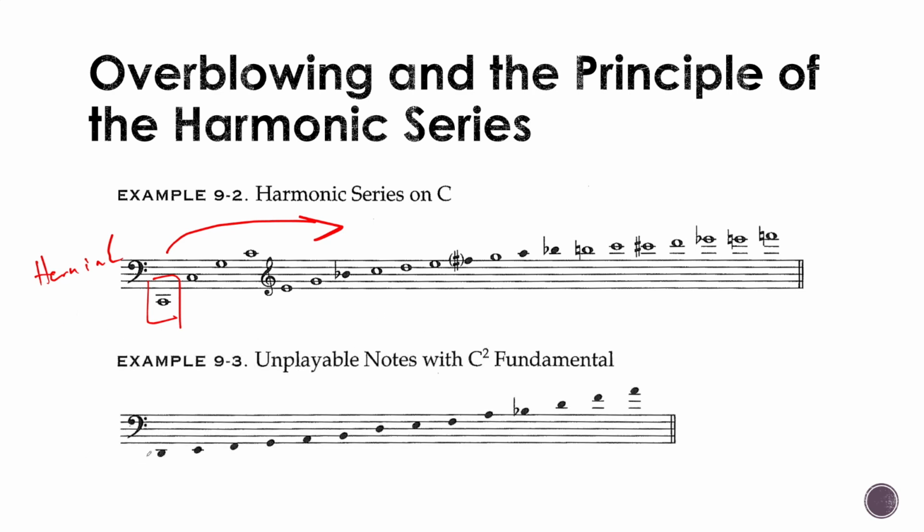That means this instrument cannot play a D, or this note, or this note, or this B flat, or this E, none of this. Also not F sharp, for example, here. Also not the chromatic alterations, not C sharp here. Those are not possible. Only the pitches which belong to the harmonic series of this C are possible in this instrument.